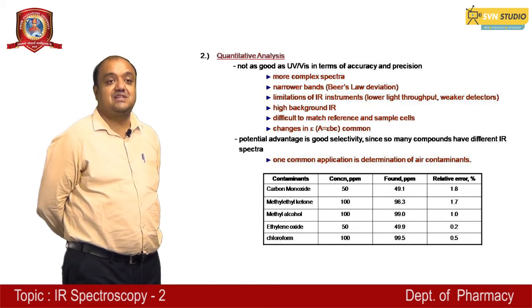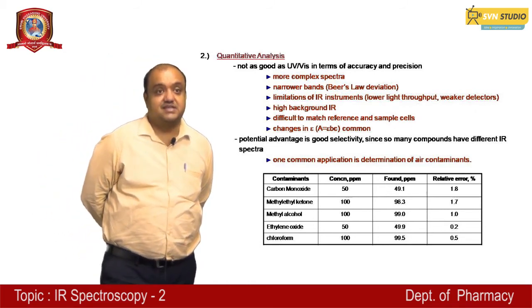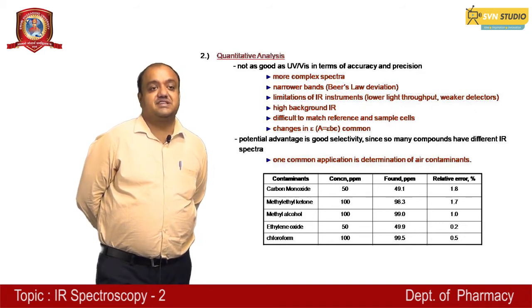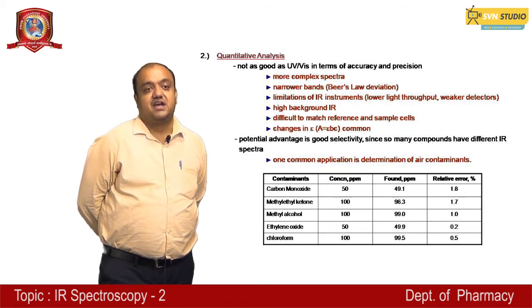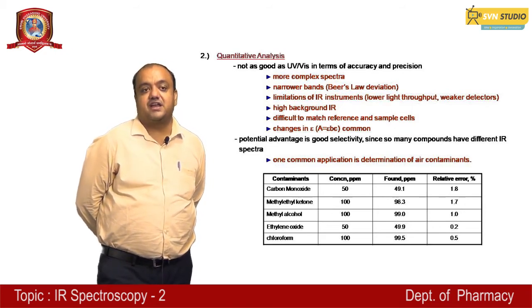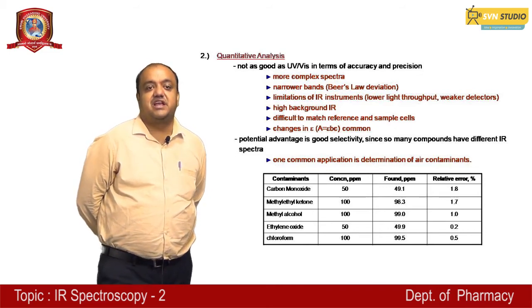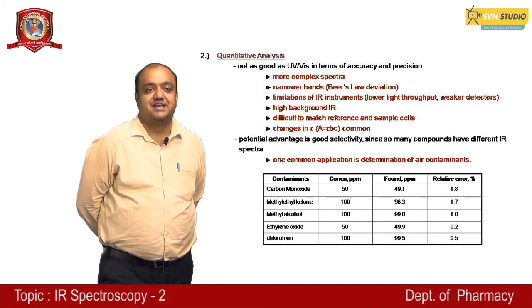The table shows air contaminants like carbon monoxide. The standard value of the concentration of carbon monoxide is 50 parts per million, and it is found by IR as 49.1 parts per million, and the relative error is 1.8%.